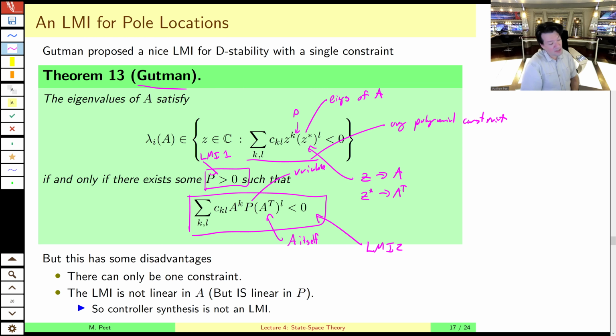So this is very nice in several ways. First of all, the constraint set on the eigenvalues does not need to be convex. So a non-convex constraint on the eigenvalues translates to an LMI, a convex optimization problem.